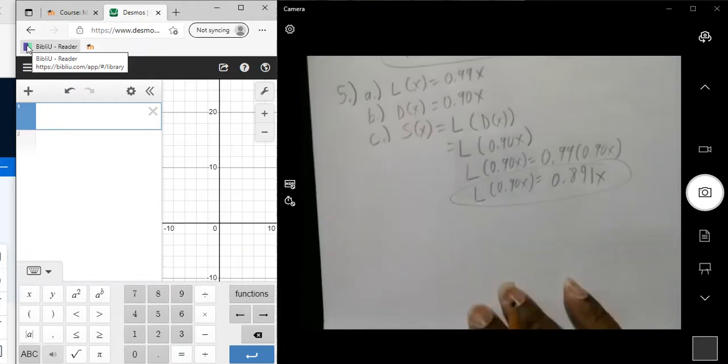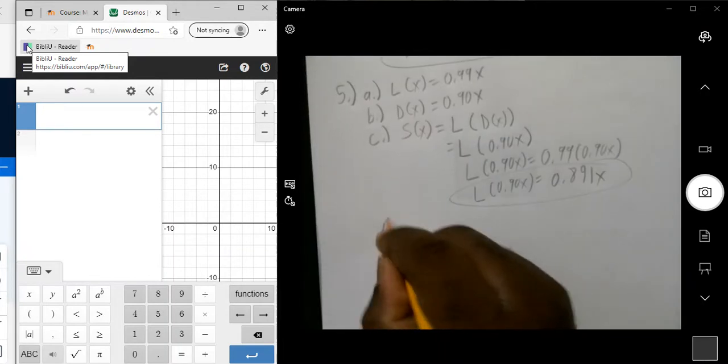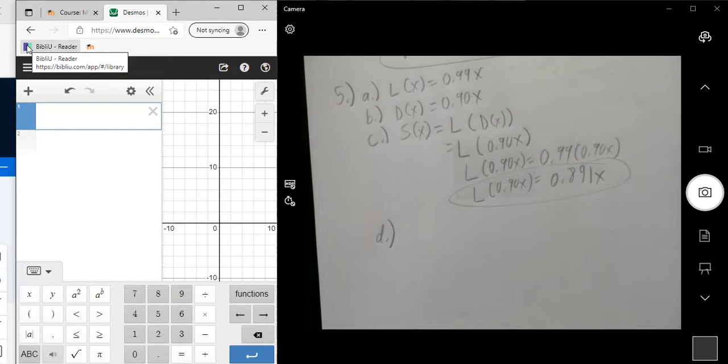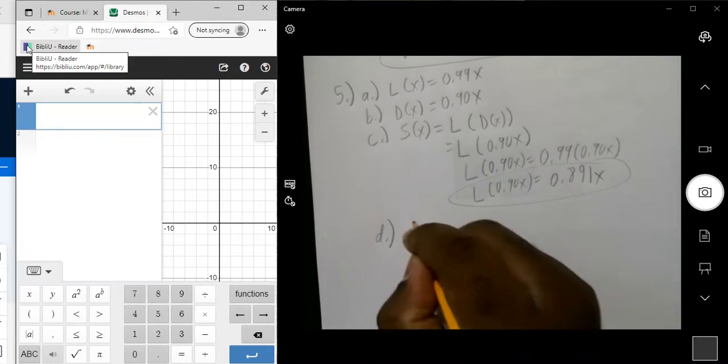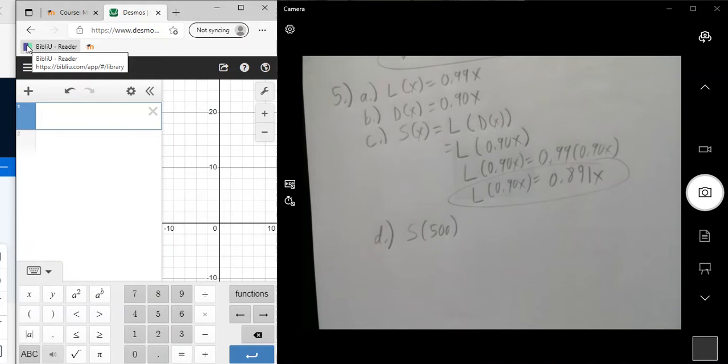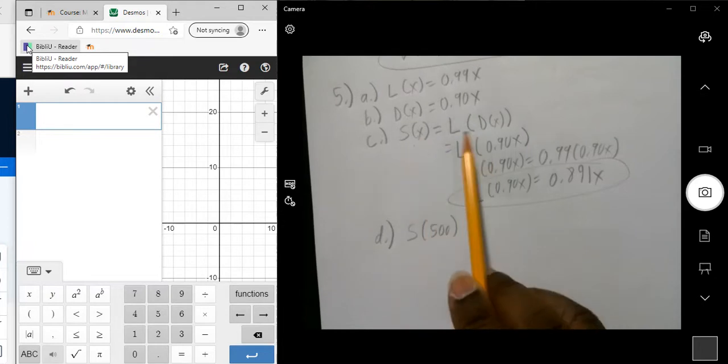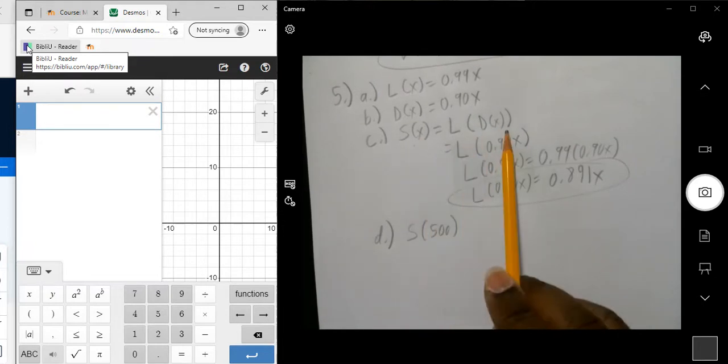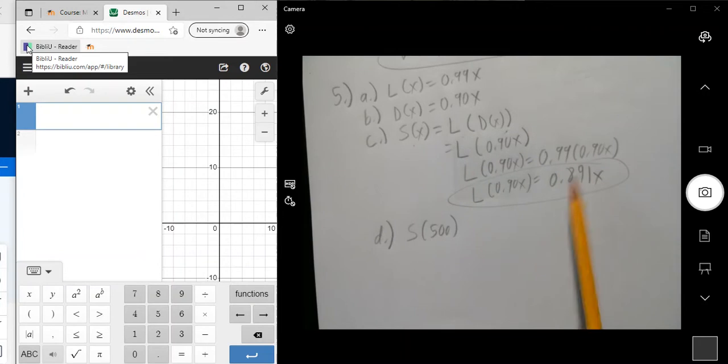Okay, now we come here to D. It says evaluate S of 500. Remember S of X is equal to L of D of X, which we found to be 0.891x.